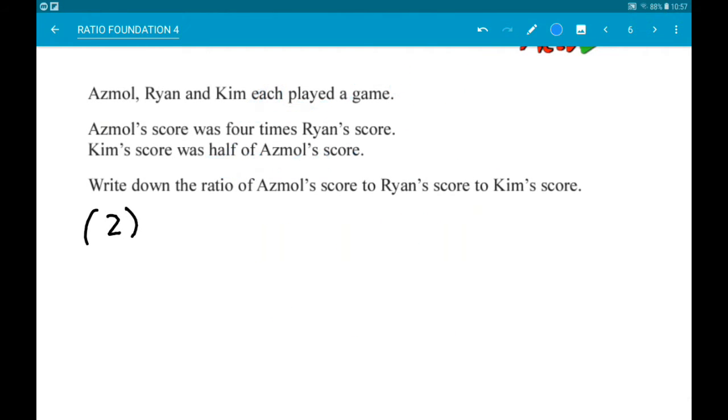Okay, next up, Asmal, Ryan and Kim each played a game. Asmal's score was 4 times Ryan's score. Kim's score was half of Asmal's score. We want to write down the ratio of Asmal's to Ryan's to Kim's score. Okay.